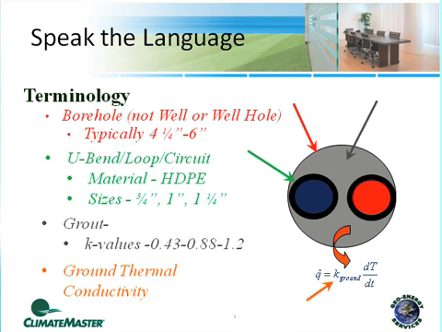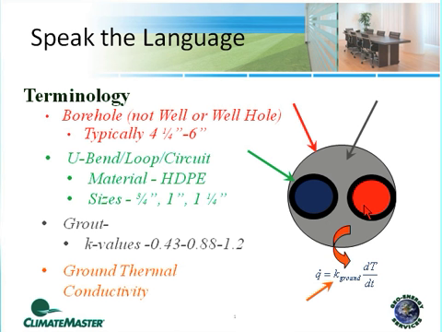The reason for all of that is because when we go through the design of a vertical borehole system, the pipe size, the grout conductivity, the volume of the grout, the spacing between the 2 pipes indicated here in blue and red, all of that gets combined into a term we call borehole thermal resistance.